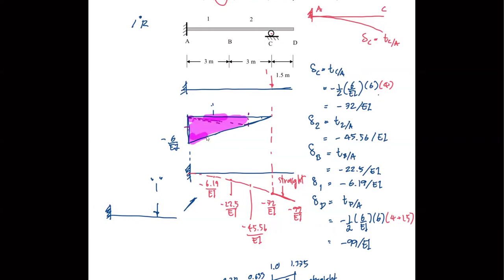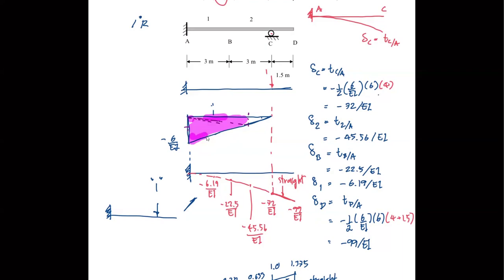The first one, this one has a base of 4.5, but the centroid is at 1/3. This one also has a base of 4.5, but the centroid is 1.5 from point C. This triangle, same base, but the centroid is 1.5 meter from point A. Okay, so that is the idea.